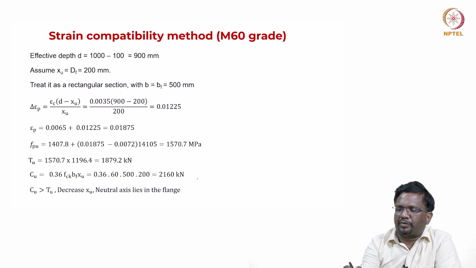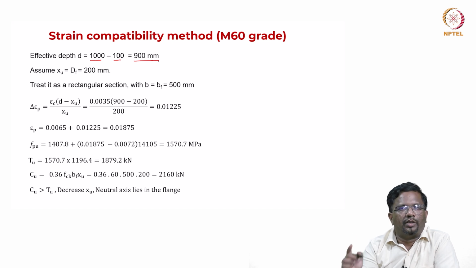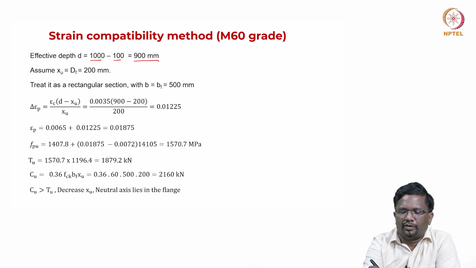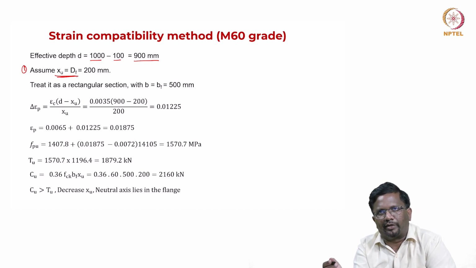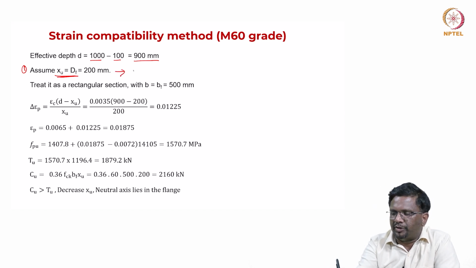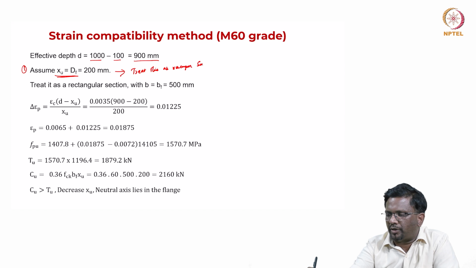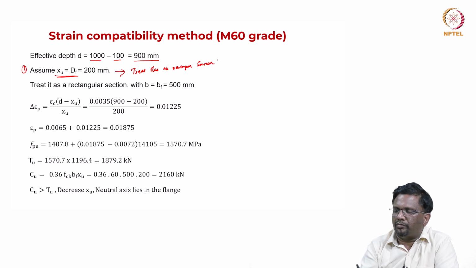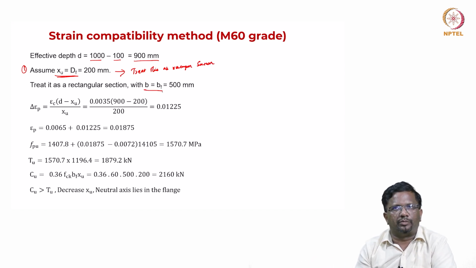The effective depth now becomes 1000 minus 100, which is 900 millimeter. As we have seen in the first case, the first step is to assume XU equal to DF and treat this as a rectangular section, with B equal to BF equal to 500 millimeter.